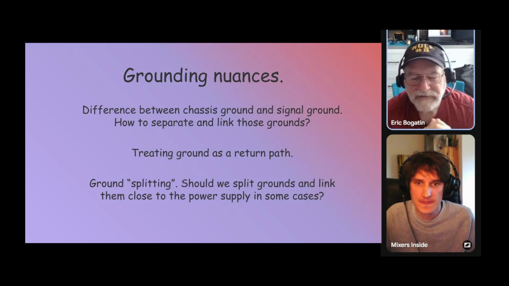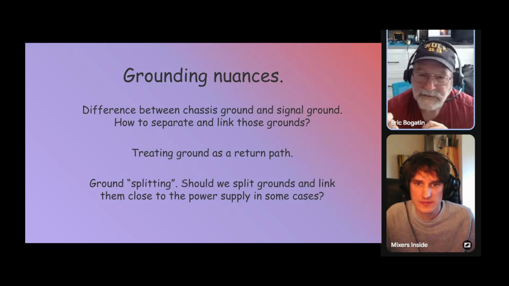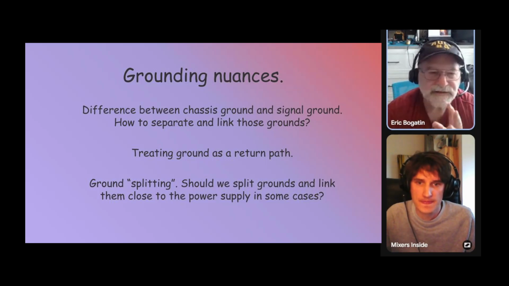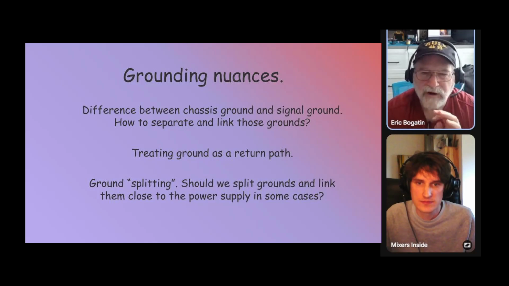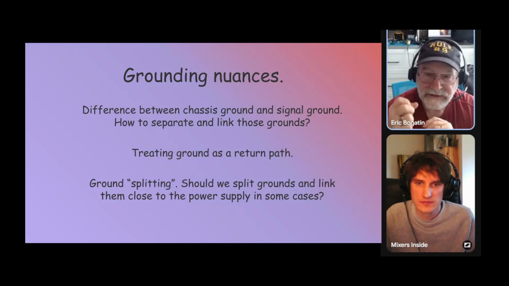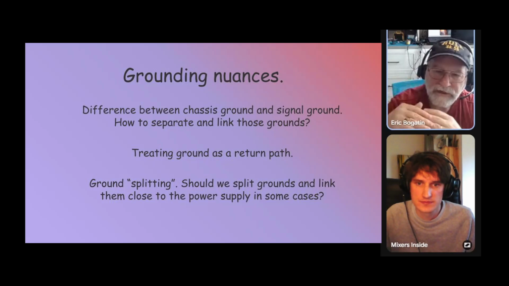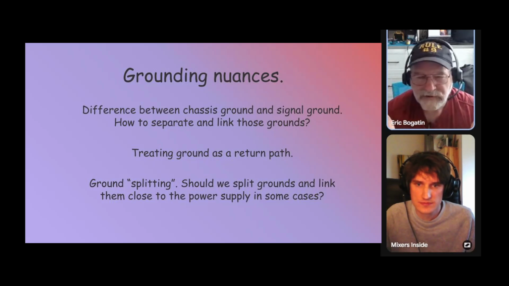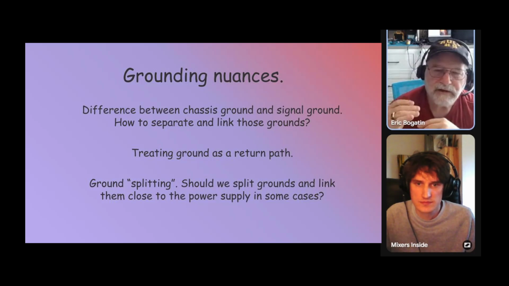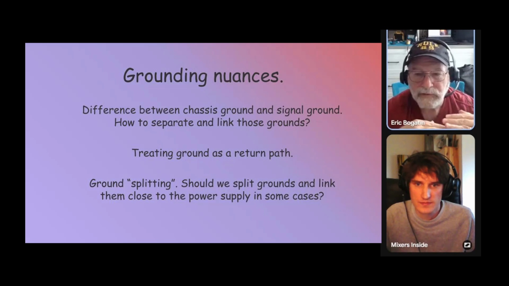Yeah, exactly. If there's a digital signal that's switching, if there's an ADC that's got a 20 kilohertz reference, and the digital side of the device is pulling current at some high audio frequency range, that return current can be flowing in the ground plane. Or if there's a high power amplifier drawing a lot of current from the power supply, that return current could be flowing through the ground plane.